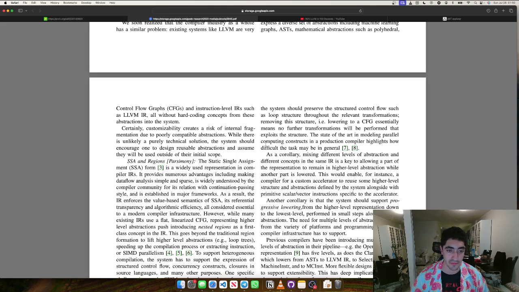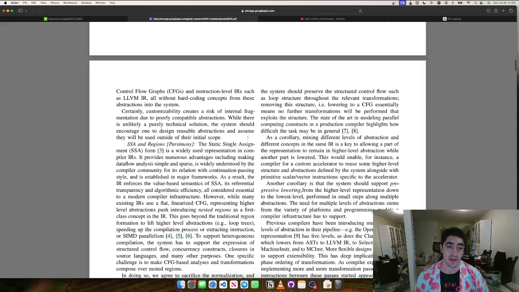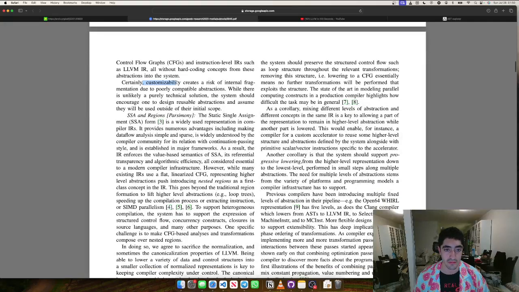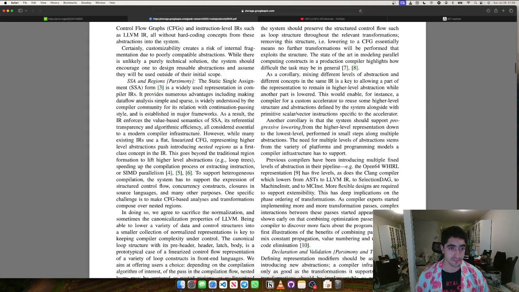Certainly, customizability creates a risk of internal fragmentation due to poorly compatible abstractions. While there is unlikely a purely technical solution, the system should encourage one to design reusable abstractions and assume they will be used outside of their initial scope.